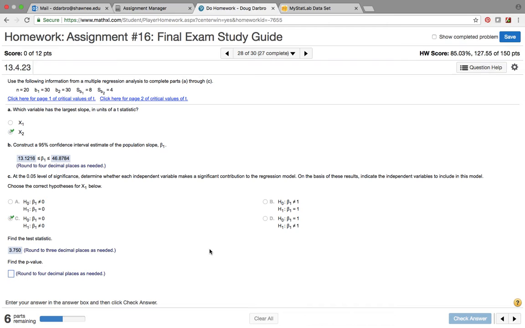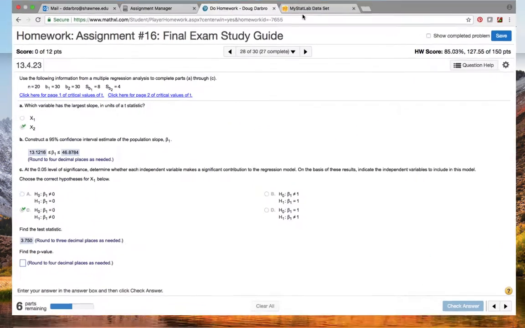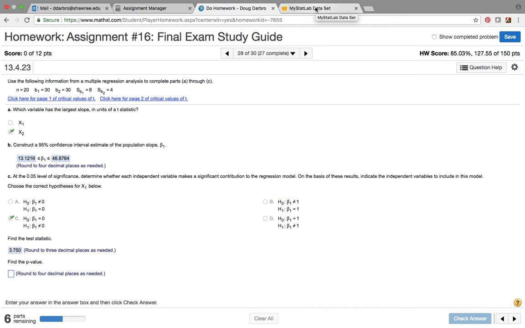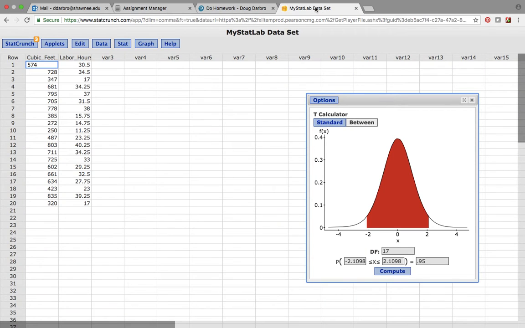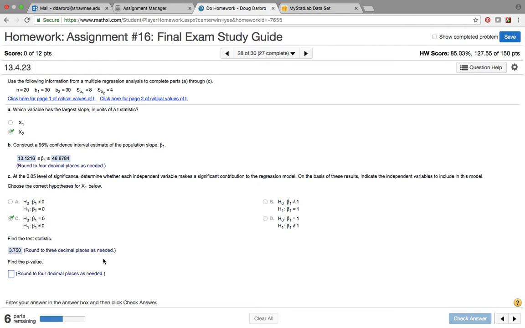Find the p-value. Well, the p-value will be found for 3.75. I need to write that down. I'll never remember that. So we want degrees of freedom for that one predictor will be n minus 2. So 18.